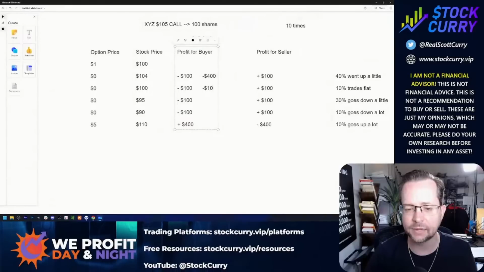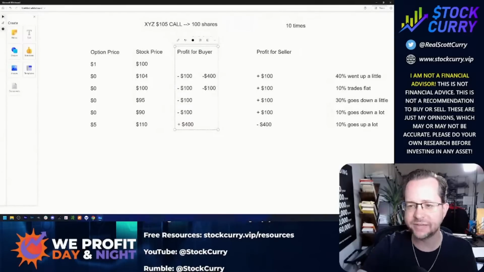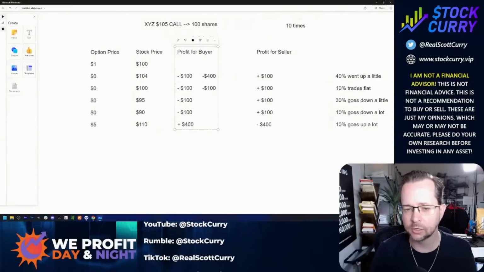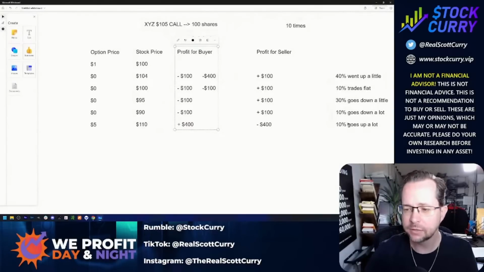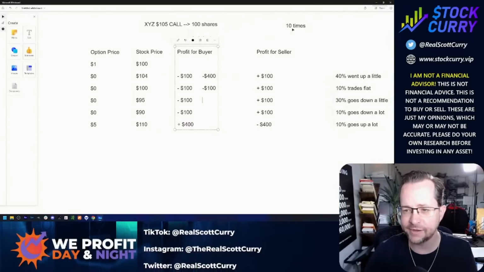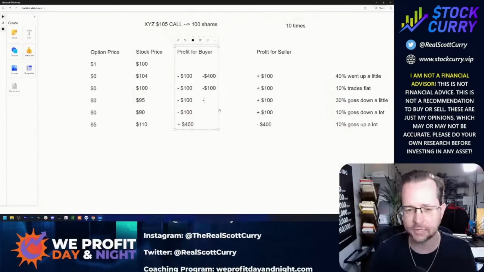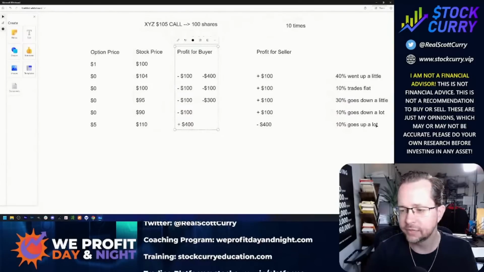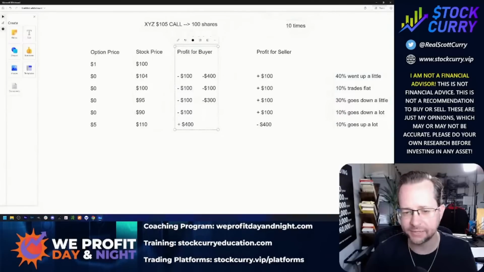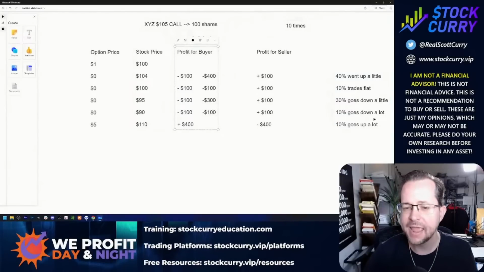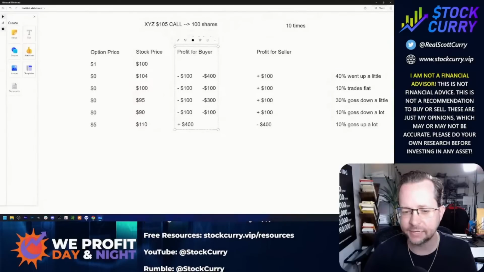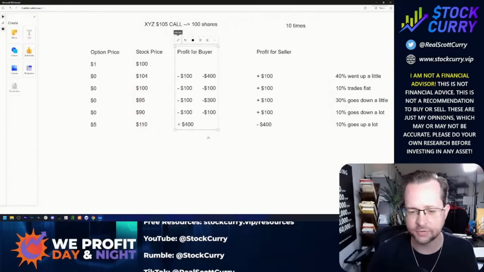That's going to be 100 because 1 time out of 10. All right. This is going to occur how often? 30% of the time. So it's 3 times out of 10. So it's $300. This is going to occur 10% of the time. That's 1 time out of 10. So that's $100. And this is going to occur 10% of the time. All right. That's 1 time out of 10. And this is plus $400.